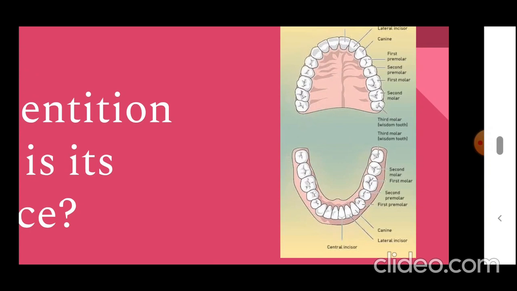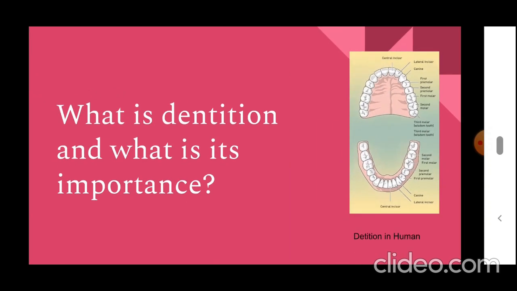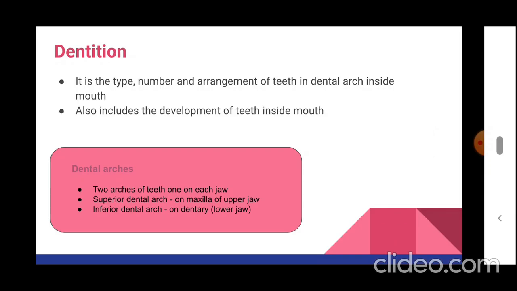This is the dentition in humans. So what is dentition? It is the type, number and arrangement of teeth in the dental arch inside the mouth. Dentition also includes the study of the development of teeth inside the mouth. This is known as dentition.